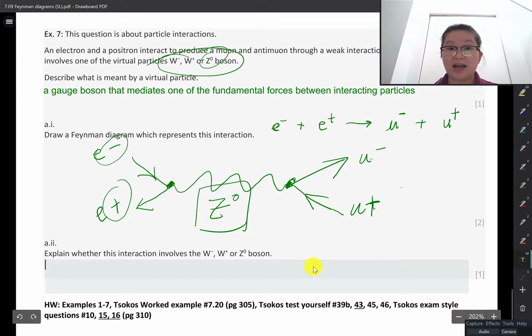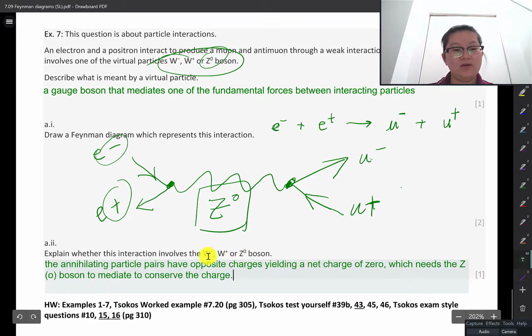So you have to say why it is the Z0 boson, and you can say something along the lines of: the two particles annihilate with a positive and a negative charge combined together, which gives you a neutral charge, so the mediating particle must be neutral as well. So here I wrote down the two particles have opposite charges. When they annihilate, it will yield a net charge of 0, and to conserve the charge, we need a boson that is neutral, meaning the Z0 boson.